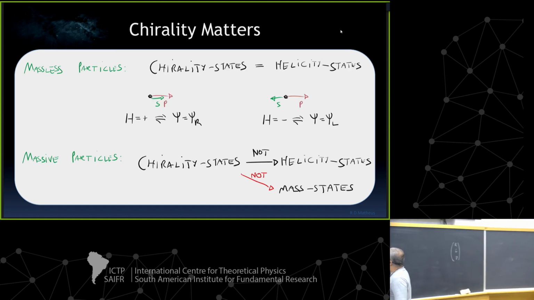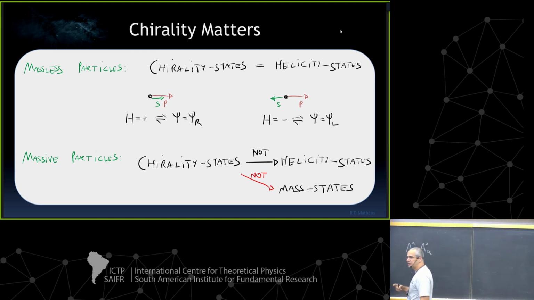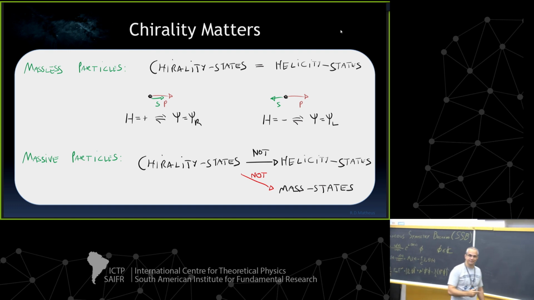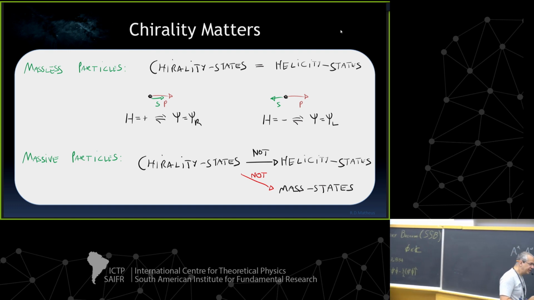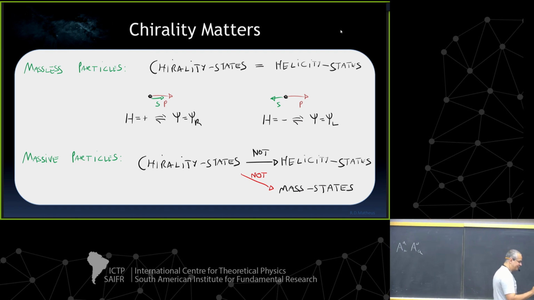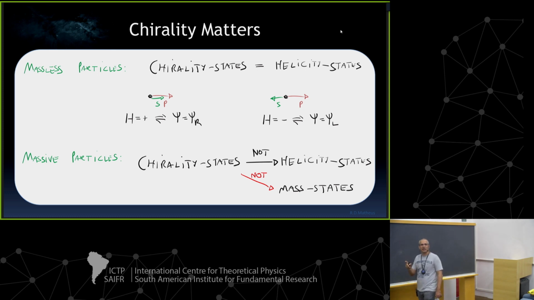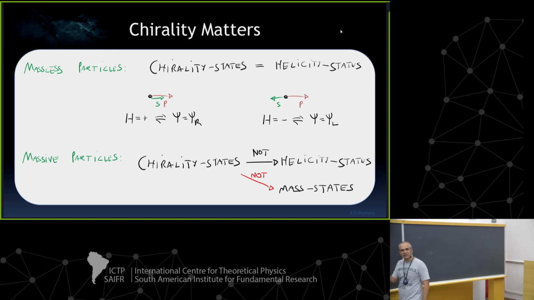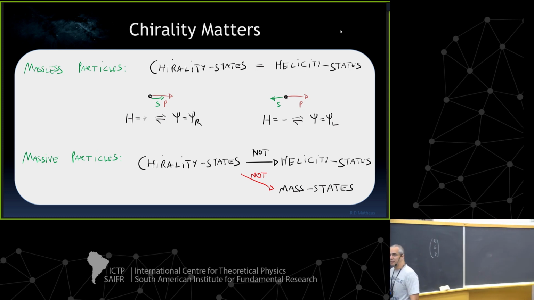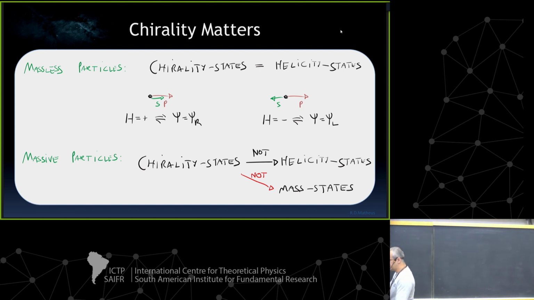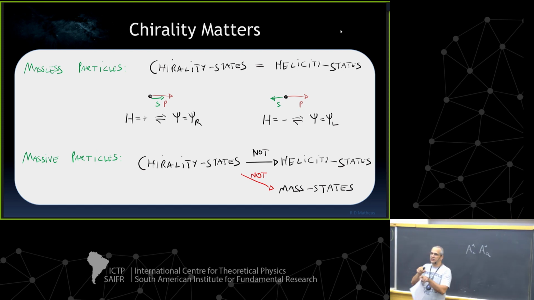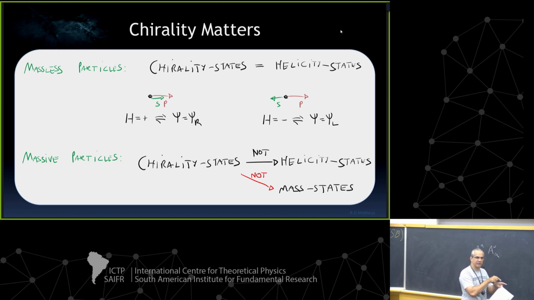In terms of interpretation, it's easy to understand chirality when the particle is massless. In this case, you can diagonalize the operator that gives you chirality, and at the same time you diagonalize helicity. So helicity states and chirality states are the same. And what is helicity? Helicity is the projection of the spin in the direction of the momentum of the particle.